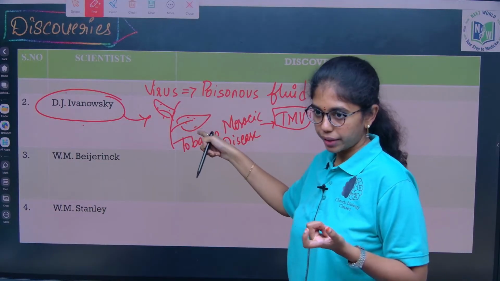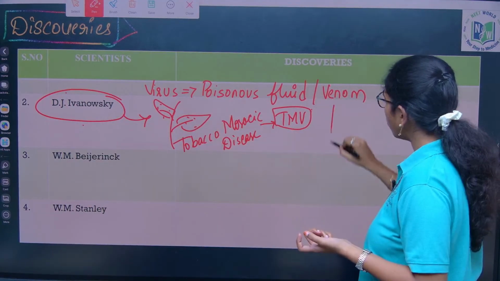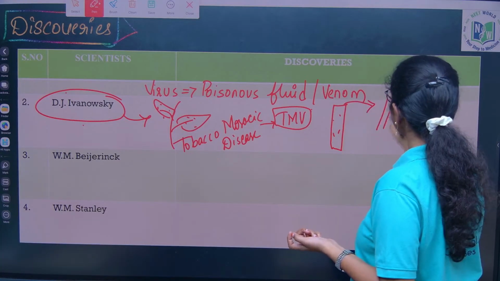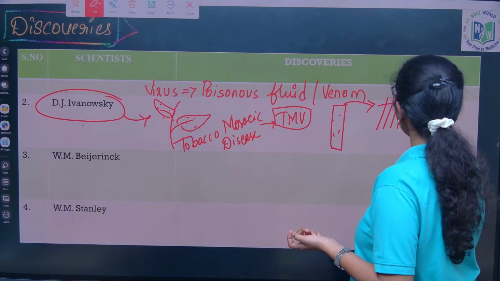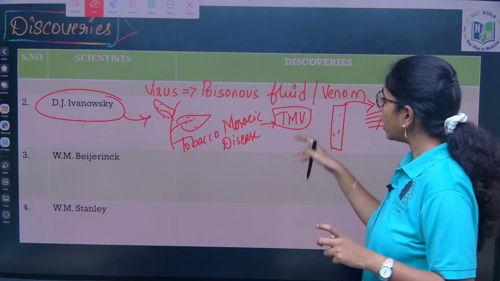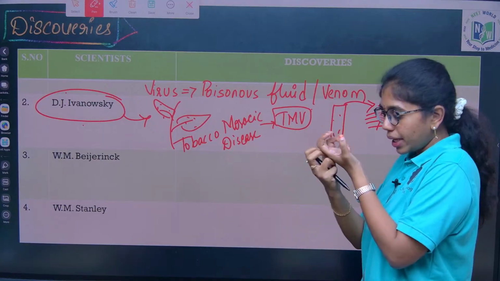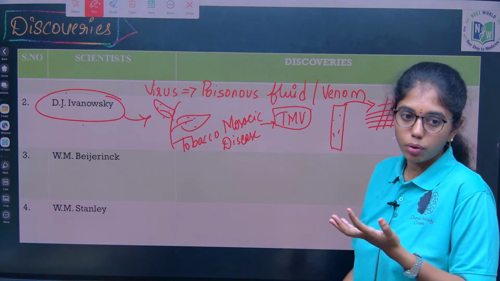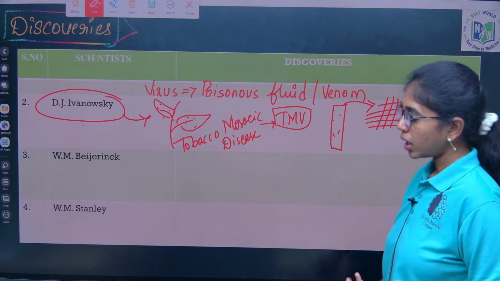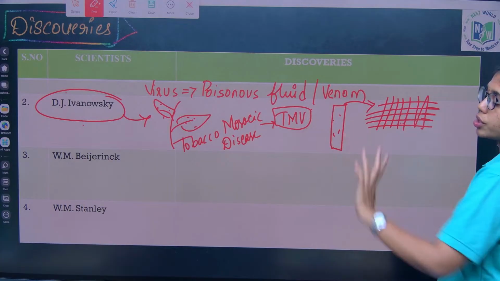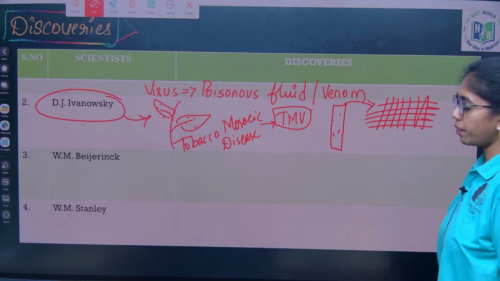This fluid is passed through bacterial filter paper. Fluid is passed through what? Bacterial filter paper, and he observed that these particles easily passed out through the bacterial filter paper. This is the observation reported by whom? D.J. Ivanovsky.